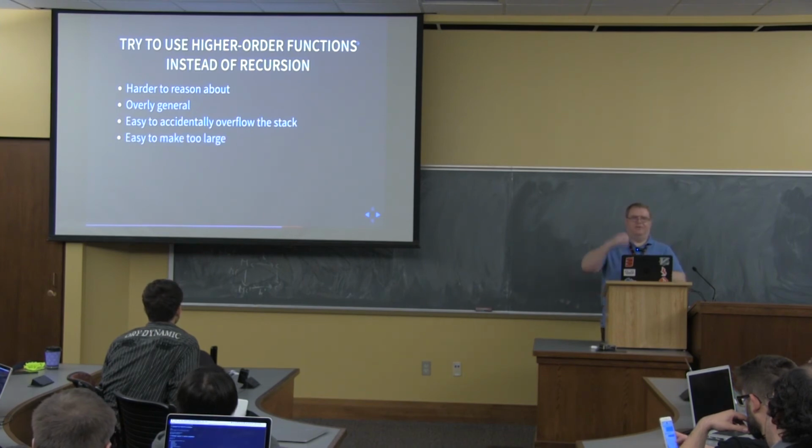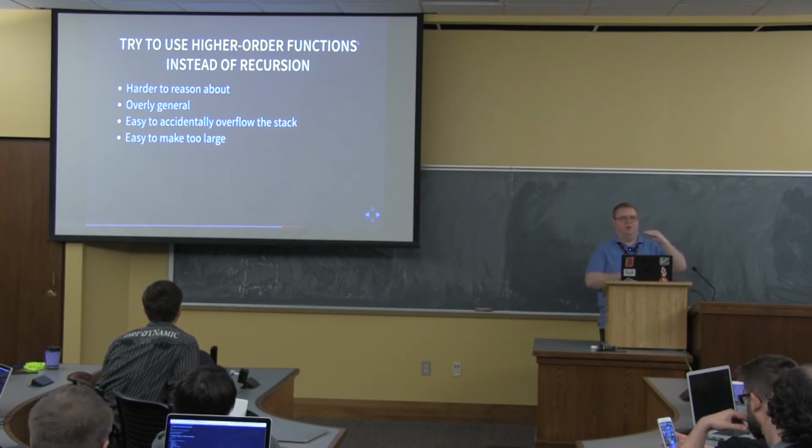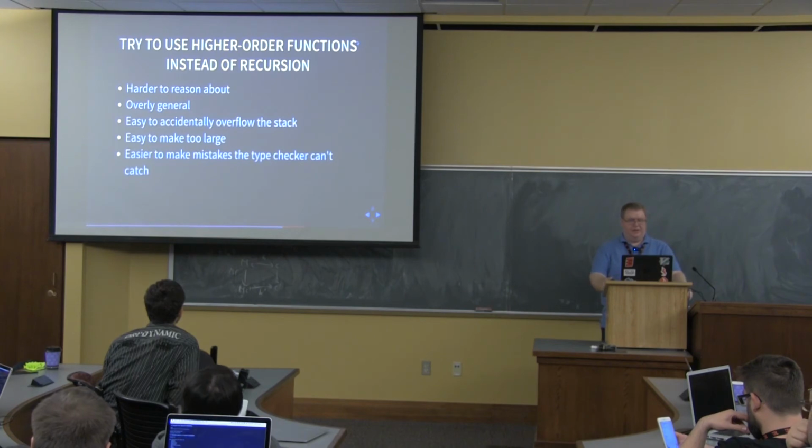It's easy to make your functions too large. Remember earlier I said that making your functions too large makes it harder to get them to type check, and it's easier to make mistakes that the type checker can't catch.